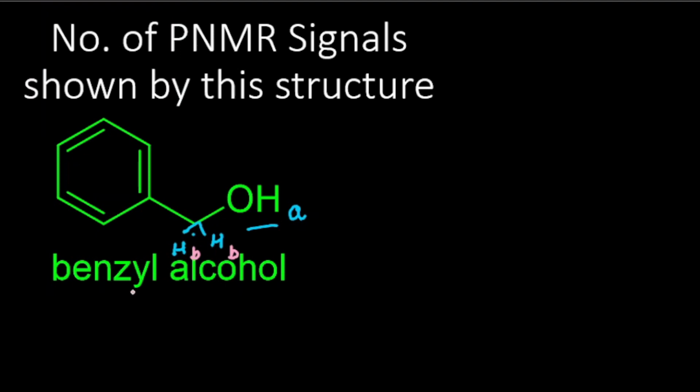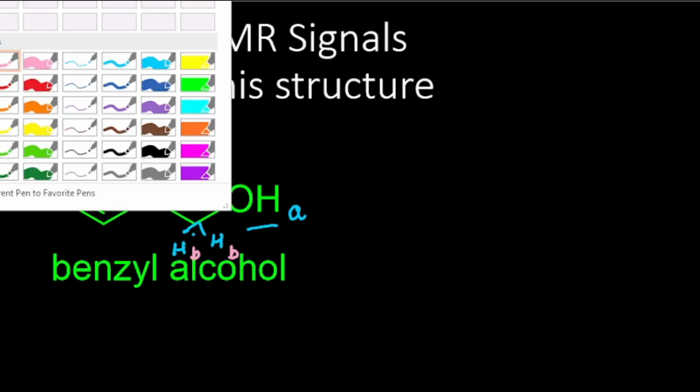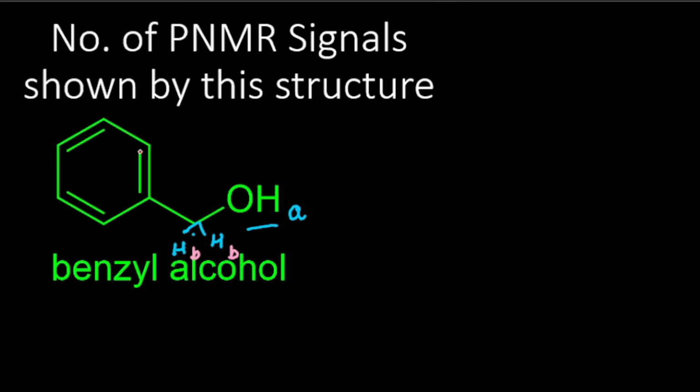I will write here B and B. This benzene, if we see it as a whole, will give us a multiplet in the proton NMR spectrum, and we may see this as the third kind of signal. But if we see this multiplet in expansion, then you may see that here no hydrogen is present, but here one hydrogen is present, here one hydrogen, here and here.